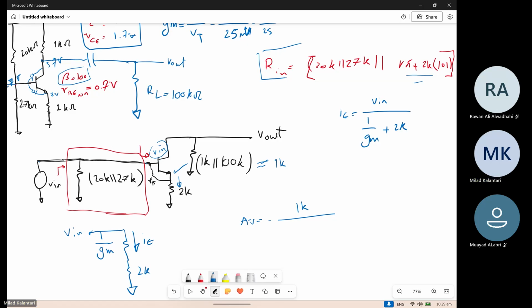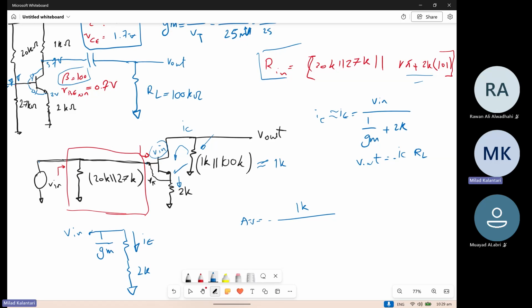right? And once you have the emitter current, which is almost the same as the collector current, this collector current passes through this RL, which is 1 kilo ohm. So Vout is negative IC times RL.